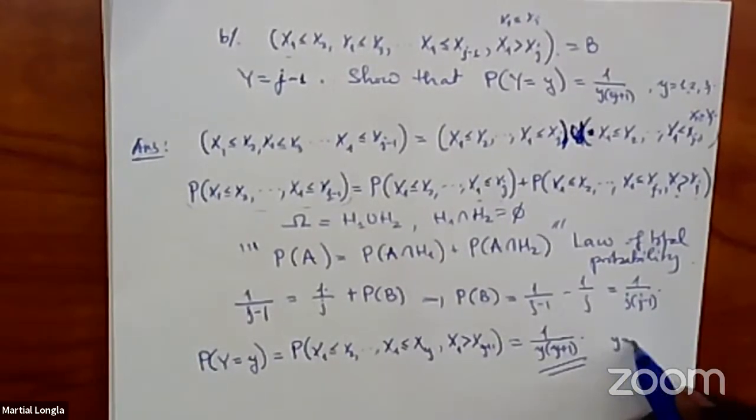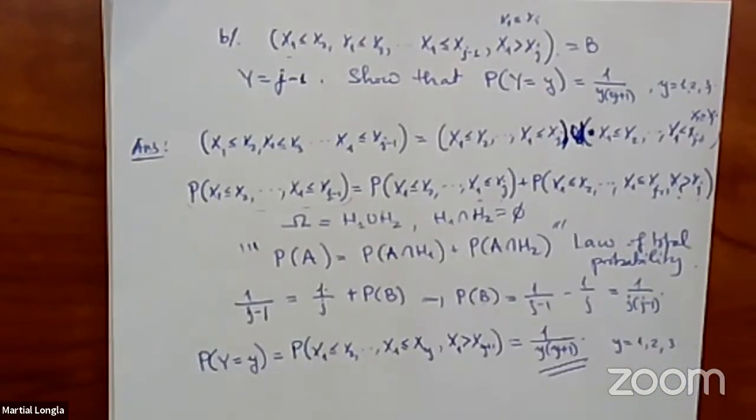And of course, your y is 1, 2, 3, and so on. If it's just x2, you have y equals 1, actually, right? Because you're not counting x1.